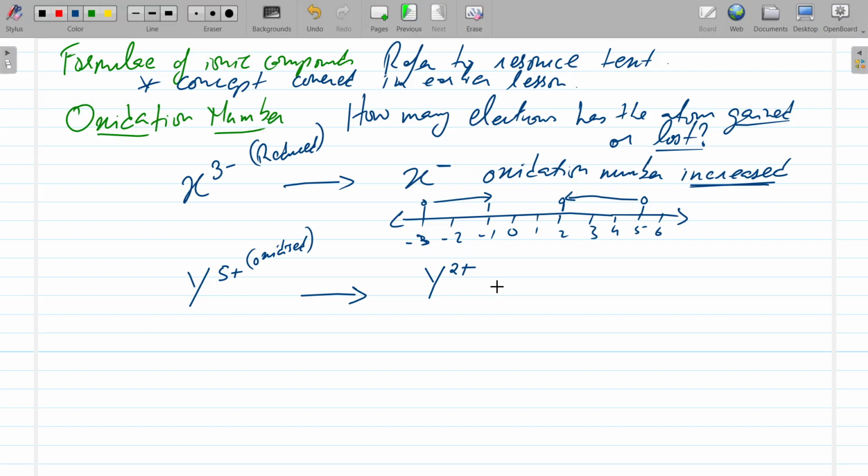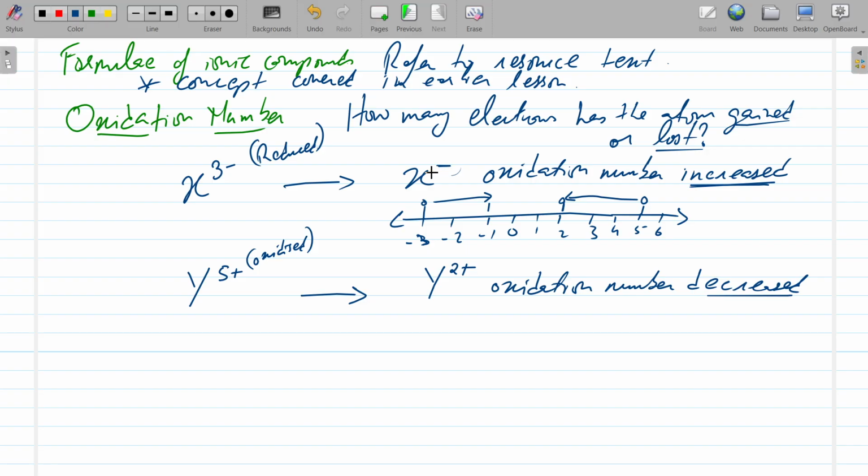Decrease. Okay. Decreased, because even though it's positive, the positive value became smaller. So it's a decrease. If the negative value becomes smaller, that's an increase.